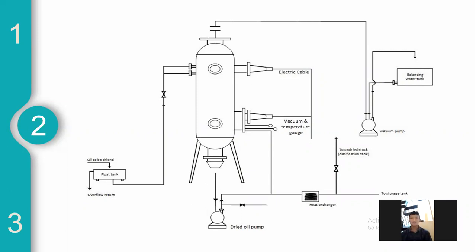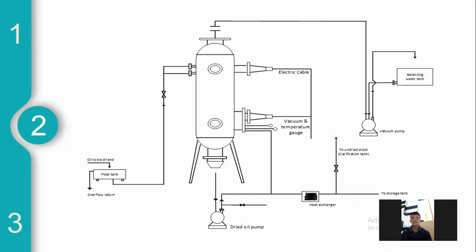Fourth, the 6 nozzles in the vacuum chamber inject oil onto the surface of the deflector in the form of a spray. The purpose of the spray is to make a mist so that the mixture of oil and water is easy to separate.